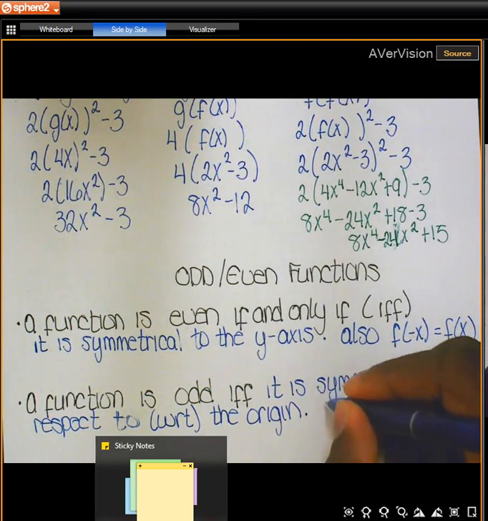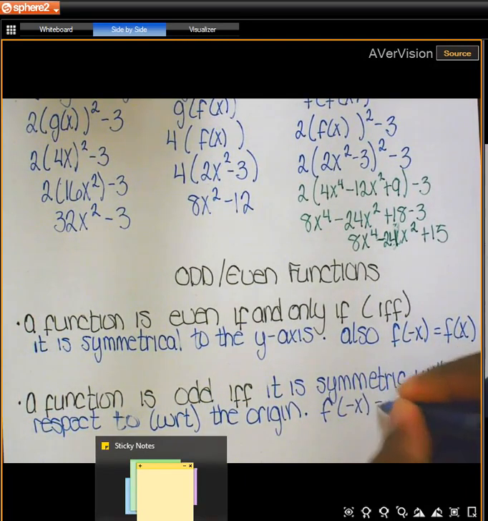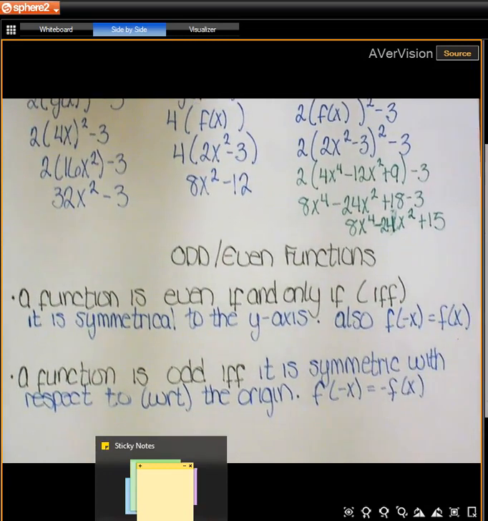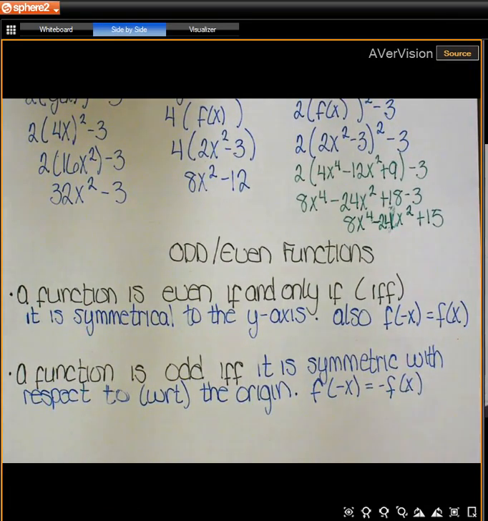And algebraically, we find that if we plug in negative x, we get the opposite of the original function back.